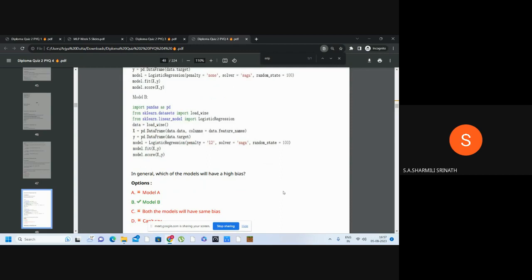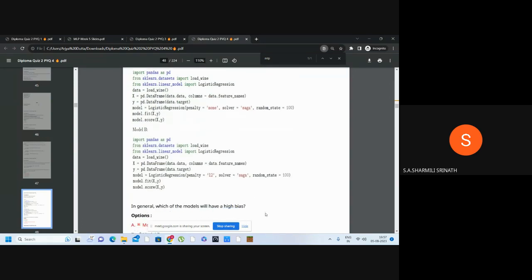And one more thing: will the bias when we use the L2 penalty always be higher than when we use the L1 penalty? L1 is mod, L2 is square.